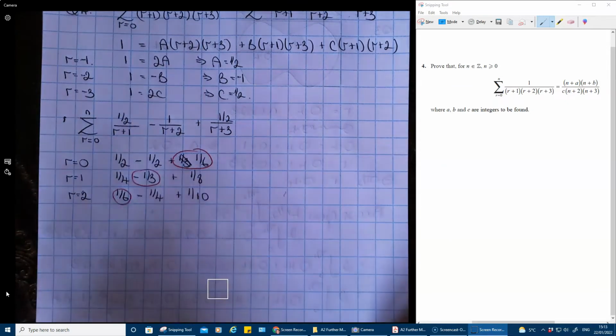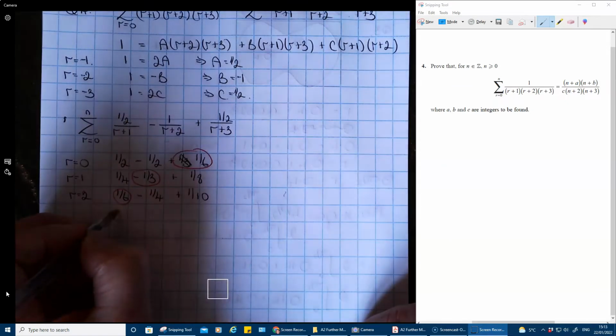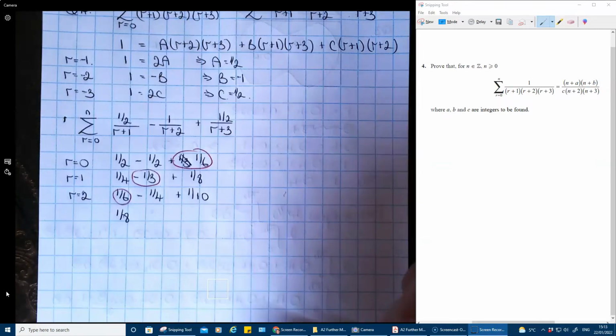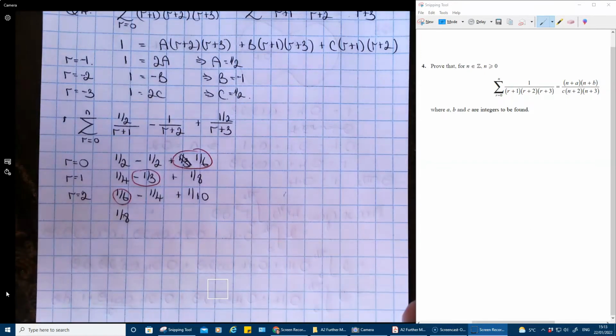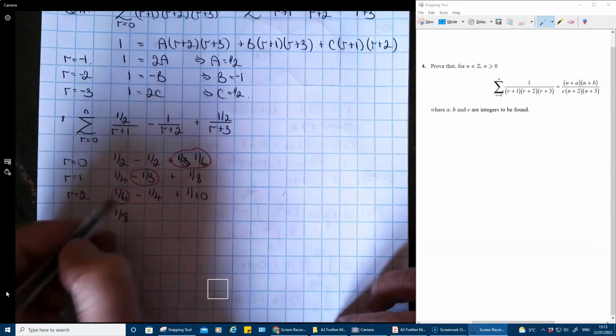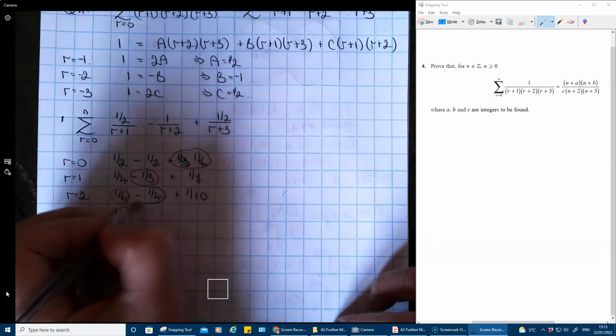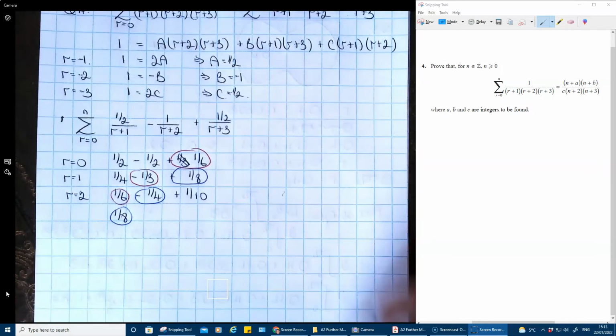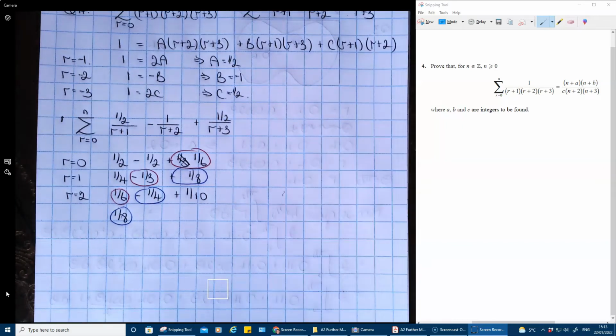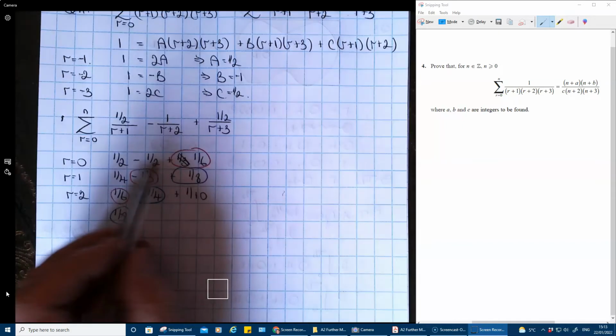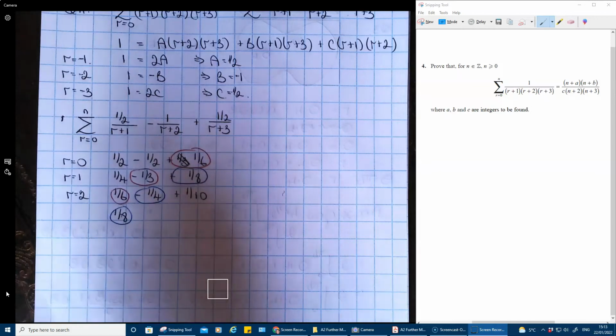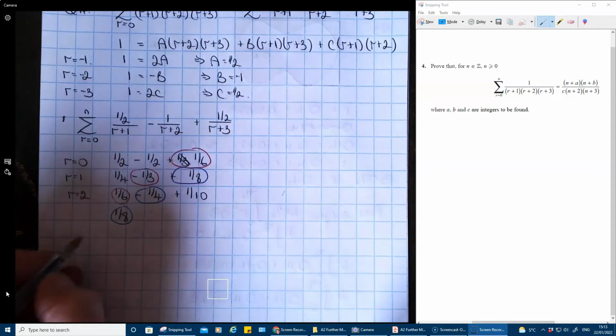And if we went to the next one, we'd have an eighth here, and we'd have more cancelling going on. So they're cancelling on the diagonals, so we're going to be left with these three terms at the beginning, and therefore we need the three terms at the end.